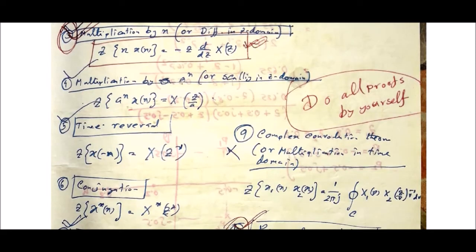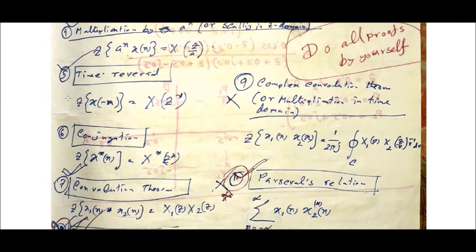Multiplication by a to the power n means scaling in the Z domain. If in the time domain the signal is multiplied by a to the power n, in the Z domain it will be scaled, X(z by a). Remember, in the time domain if you multiply a signal by a to the power n, in the Z domain it will become X(z by a).